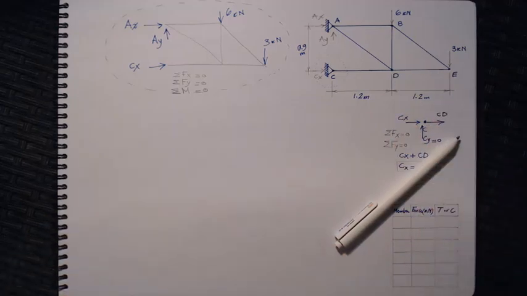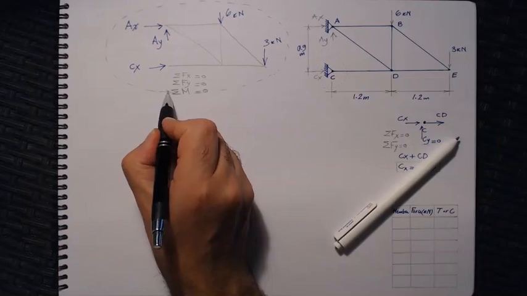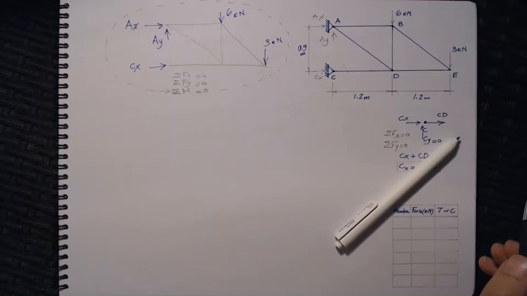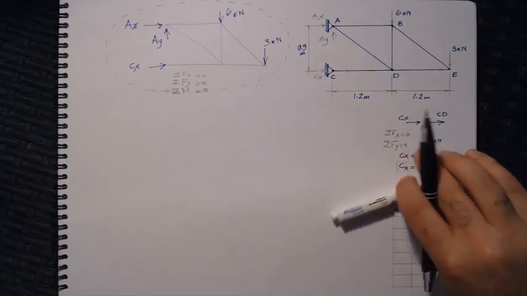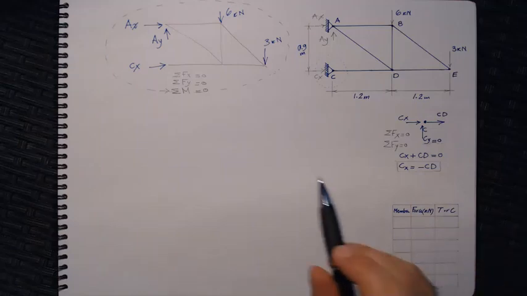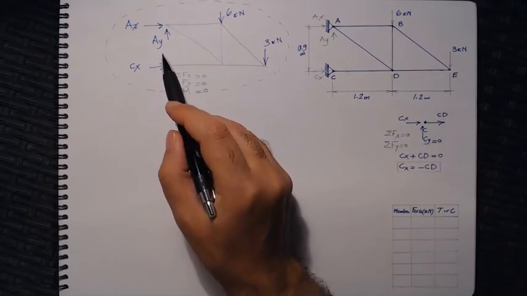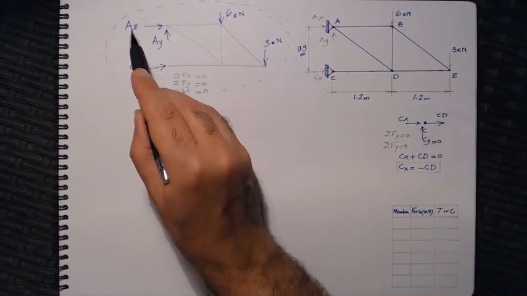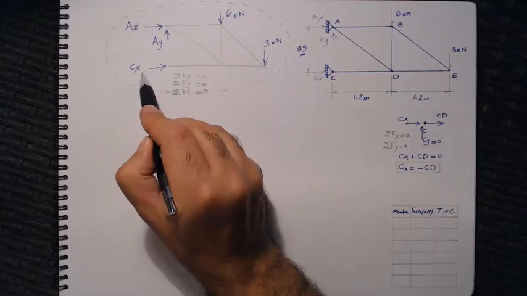So I like to start with the moment equation, and let's do it by taking the summation of moments about the point with the most number of unknowns. So where is the point with the most number of unknowns? Well, we don't know the reactions AX, AY, and CX.